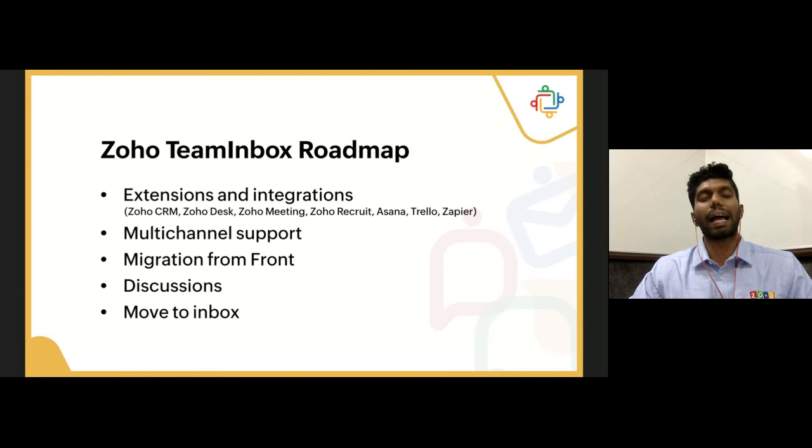With this, you won't have to switch applications at all, and you can have all your business communication in one place. Then, based on user requests, we are also working on an easy and lossless migration from an app called Front. Front is again a shared inbox tool. So we are working on a lossless migration from Front to Zoho TeamInbox, and this will ensure all your data gets smoothly transitioned from the Front application.